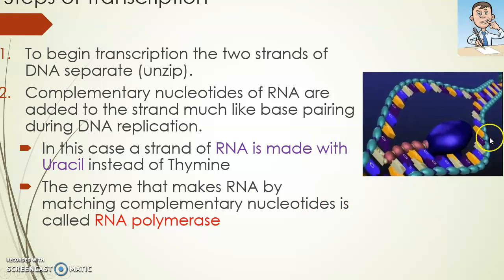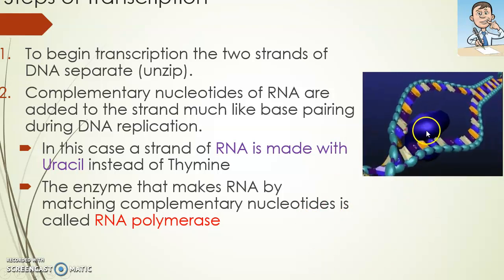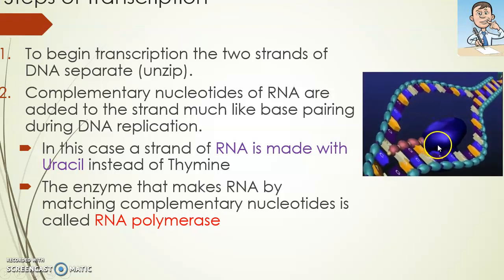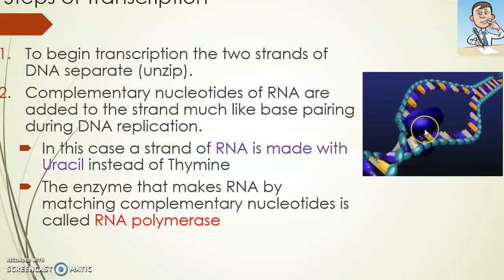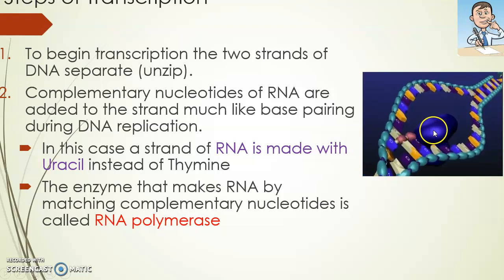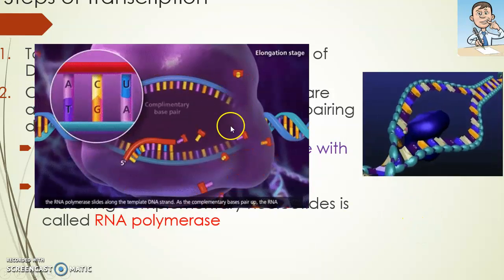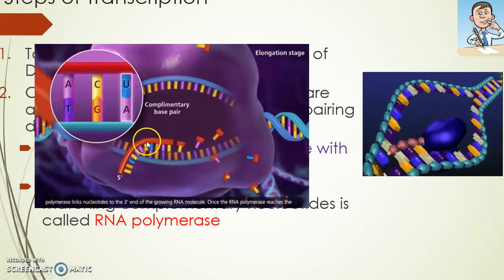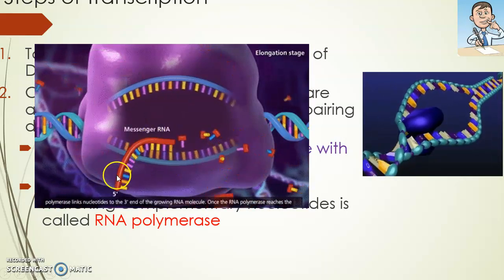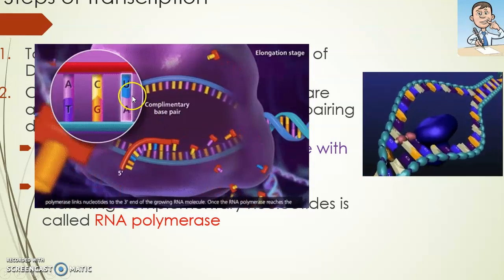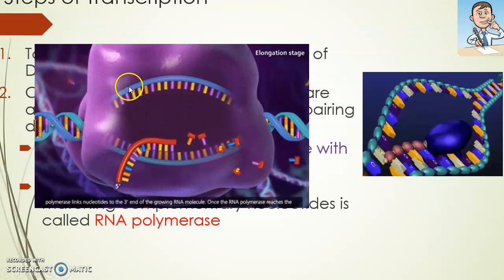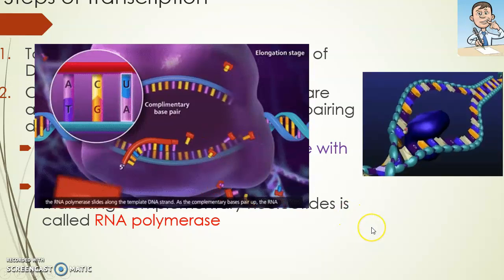You can see here in this GIF on the side, we've unzipped and here's RNA polymerase adding those complementary nucleotides to this pink strand of mRNA. Here's a better look at that as well, the blue being the DNA. Here's that single strand of mRNA coming off. And those complementary base pairs, we see that the A on the DNA is going to the U on the mRNA.